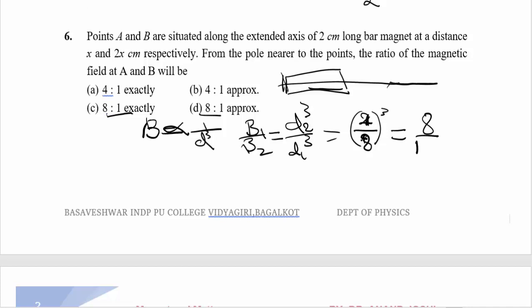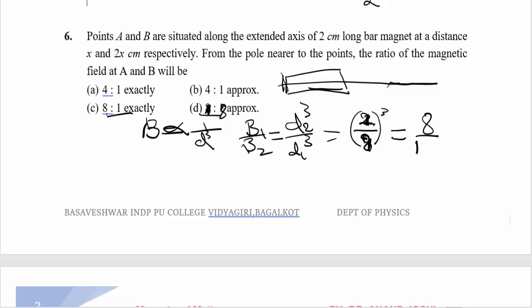D2 is 2, D1 is 1. So it will be 2:1 cube, means 8:1. Option C is correct. Option D is also written as 1:8 instead of 8:1. So the correct option is 8:1.